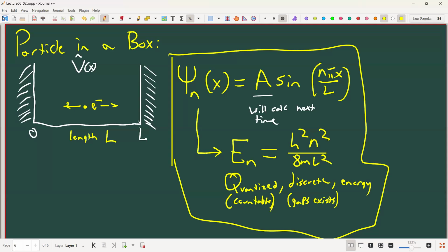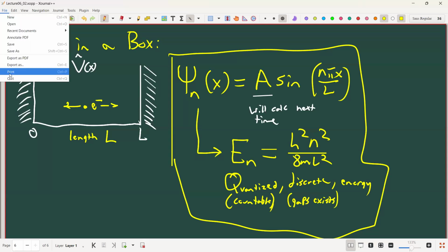It's the energy of the electron in this box. The box is just the frame.